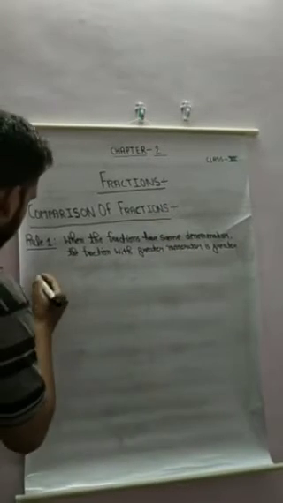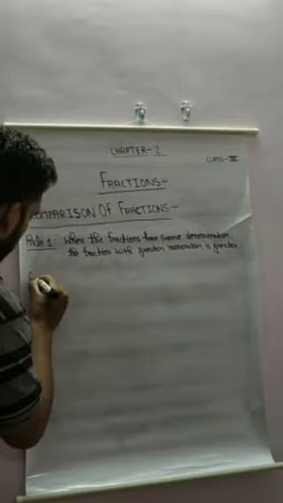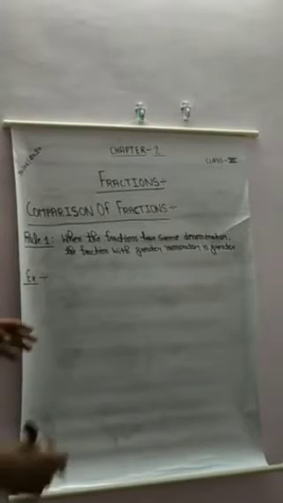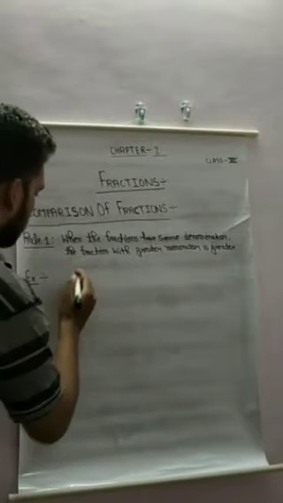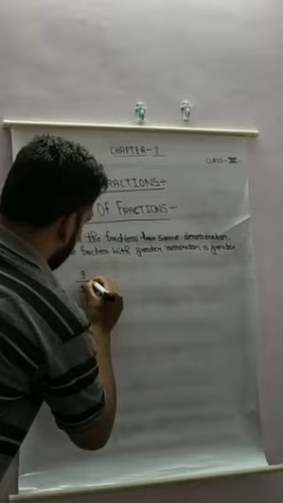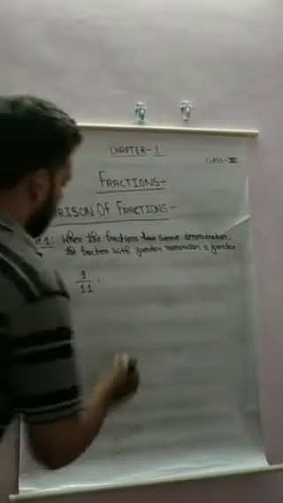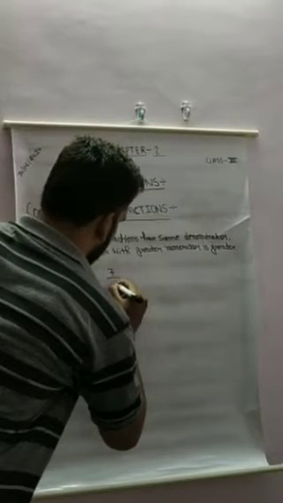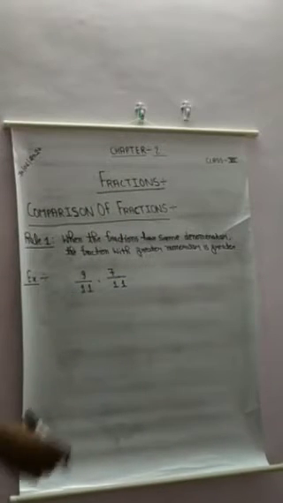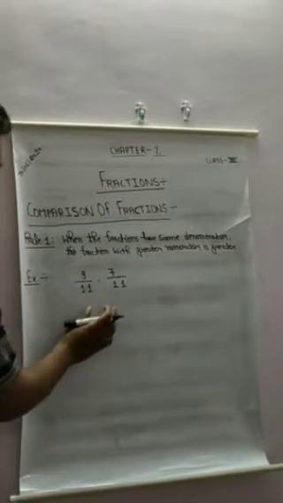For example, suppose we have fractions like 9 upon 11, 7 upon 11. How will we compare these fractions?